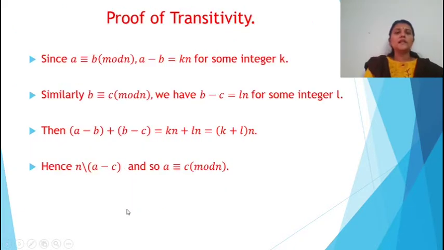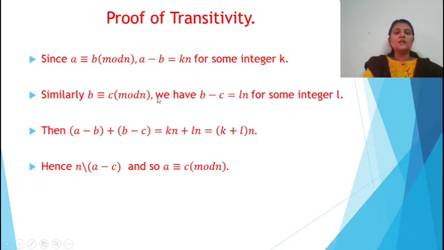Now we have the transitivity property. Given that a congruent to b mod n, so a minus b equal to kn for some integer k. Similarly, given that b congruent to c mod n, so we have b minus c is equal to ln for some integer l.